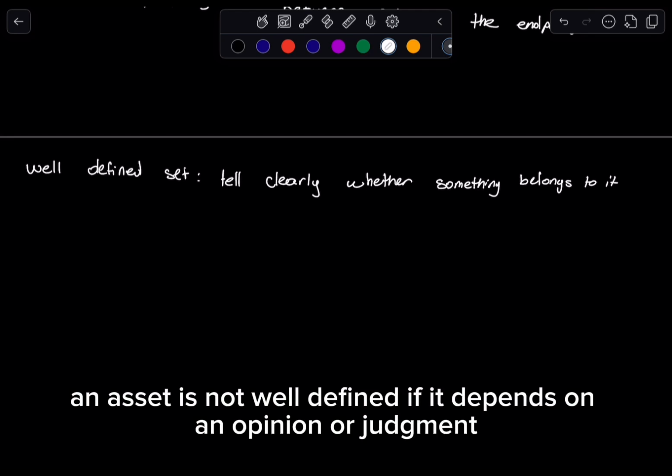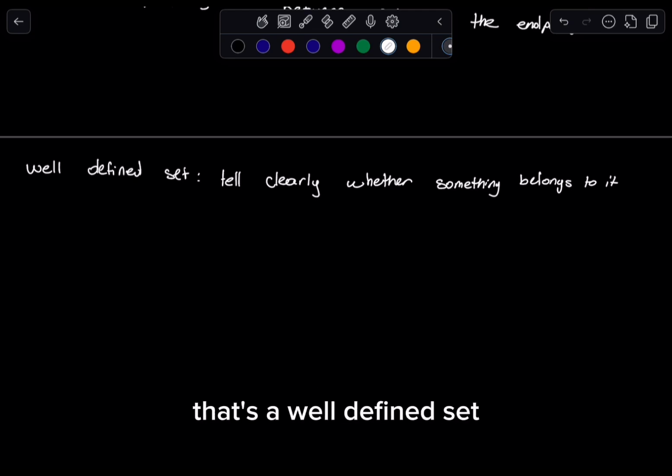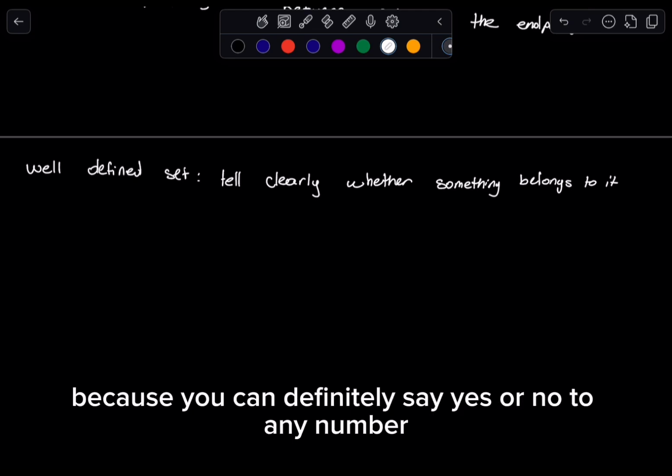And a set is not well-defined if it depends on an opinion or judgment. So for example, if we say x such that x is a natural number less than 10, that's a well-defined set because you can definitively say yes or no for any number.